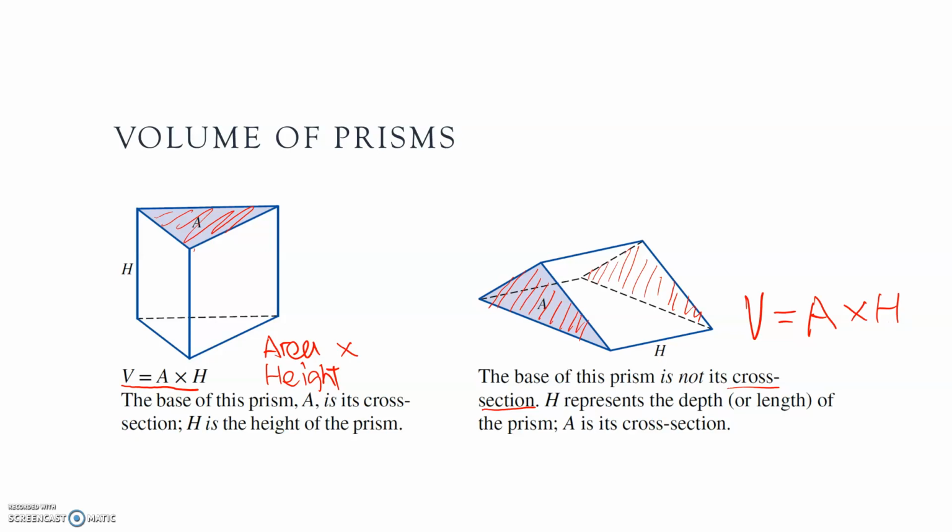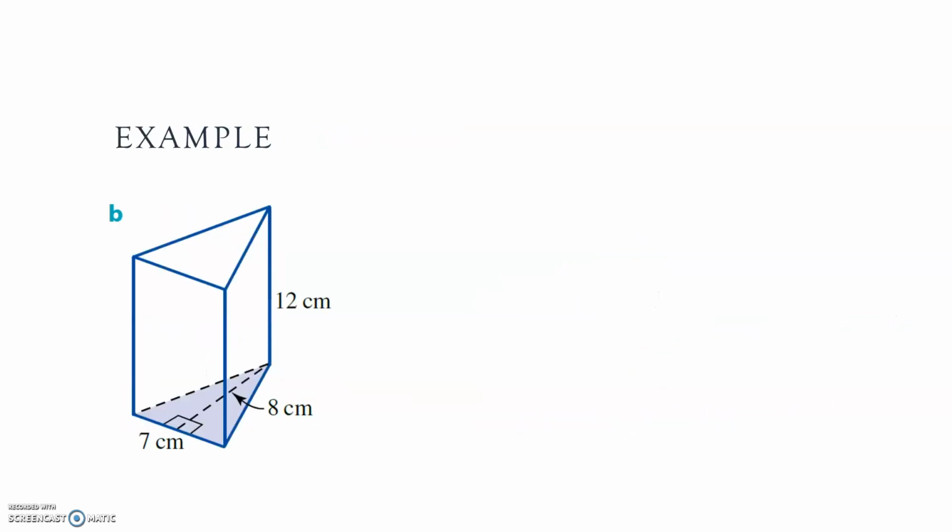Okay, let's look at some numbers as a detailed example. All right, so for example, if I have this triangular prism, as you can probably see, the cross section or the area is this triangle at the bottom. Now, the area is a triangle, so we may work this out by saying the area of a triangle is a half times the base by height, which is the two pieces of information given to us, 7 and 8.